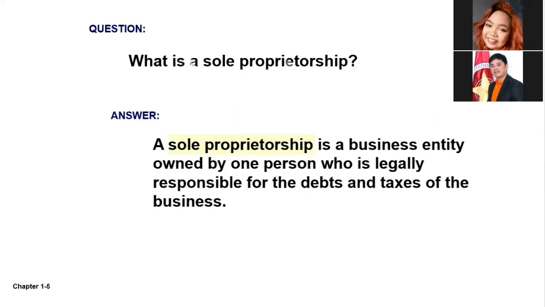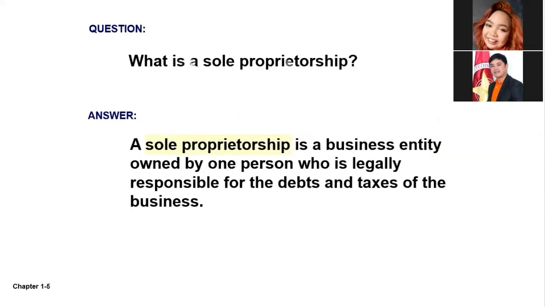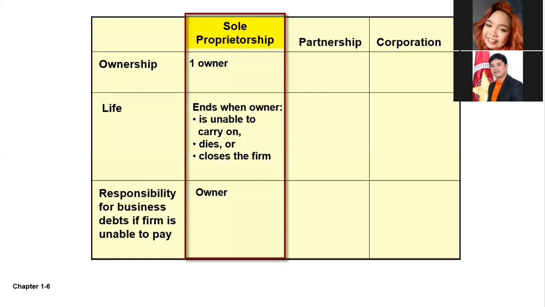So this one, a sole proprietorship is a business entity owned by one person, and the life of the business ends when the owner is no longer willing or hindi na siya able to keep the business ongoing. So many small businesses are operated as sole proprietorship. Okay, so ilan ang owners?